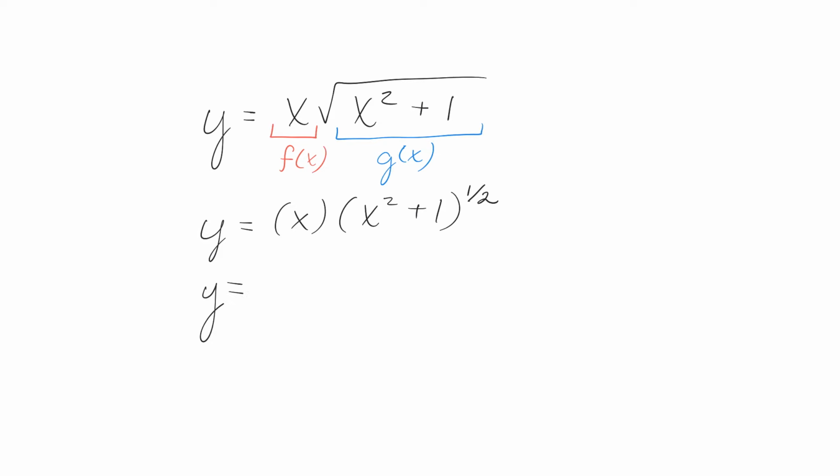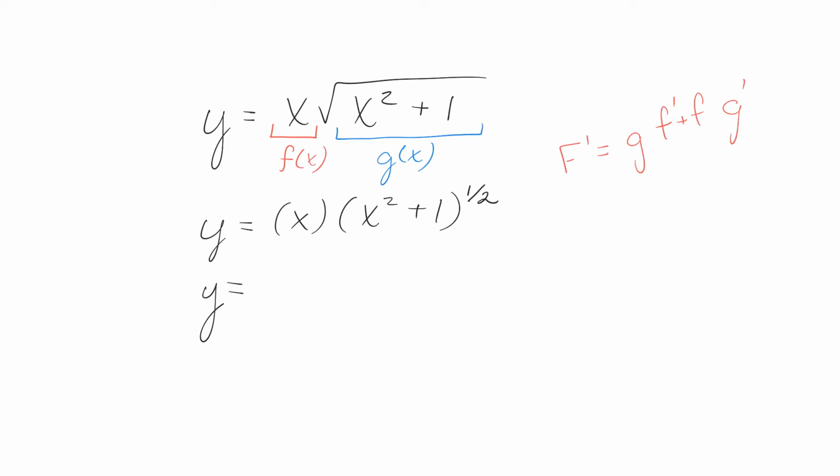So product rule tells us that the derivative of f of x times g of x is going to be g times the derivative of f plus f times the derivative of g.